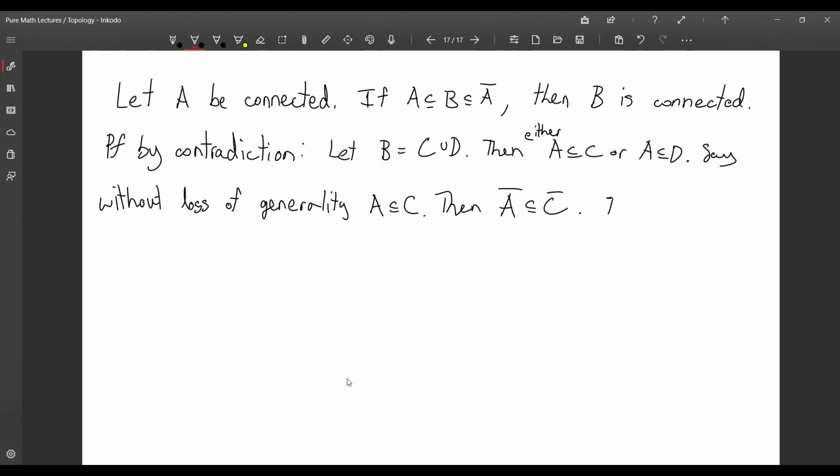But then B is contained in C closure. So C union D is contained in C closure.